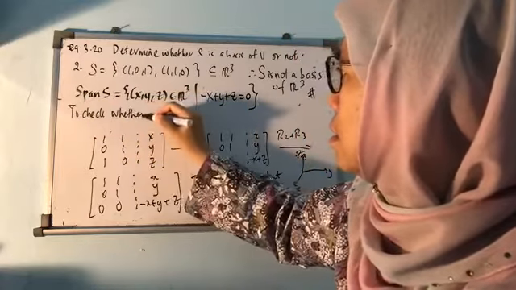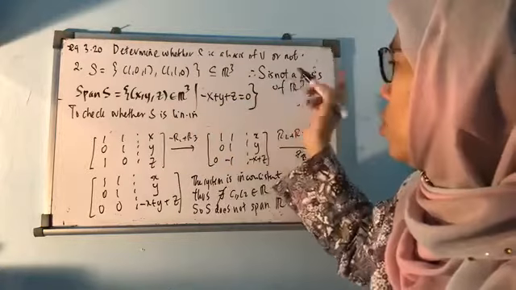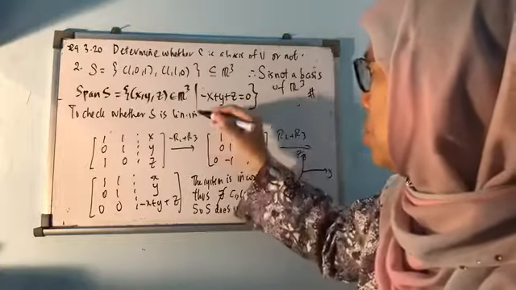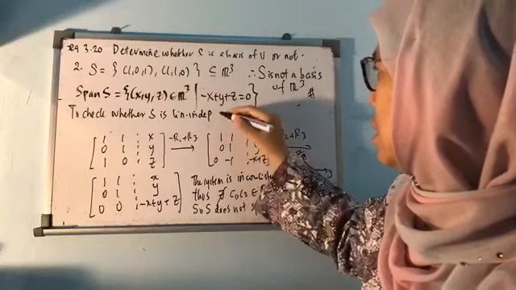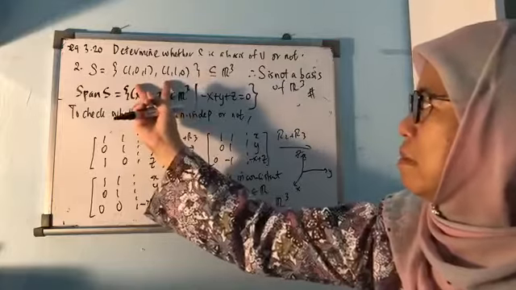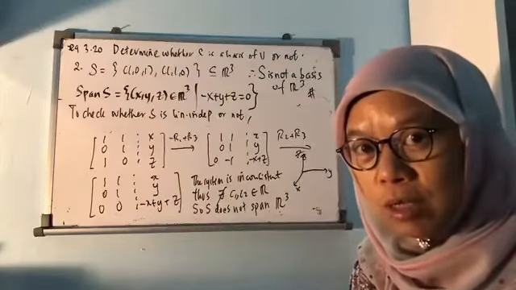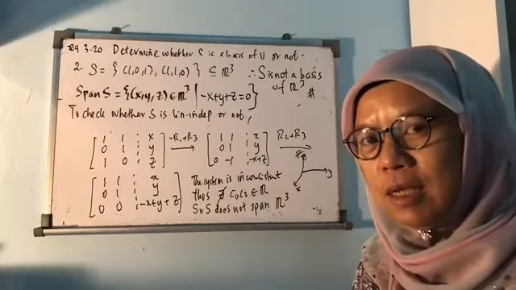To check whether S is linearly independent, even though we know it's already not a basis, you remember the theorem last time: there are only 2 vectors, one is not a multiple of the other one, so we know it's linearly independent.